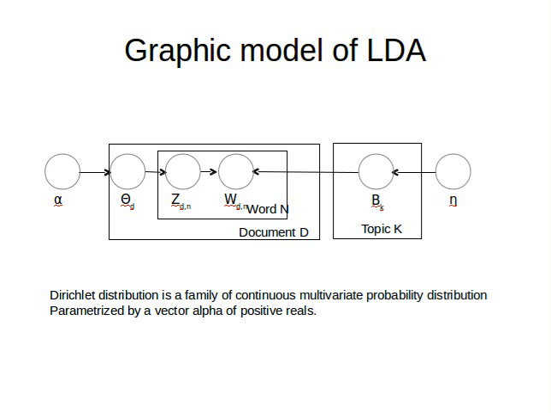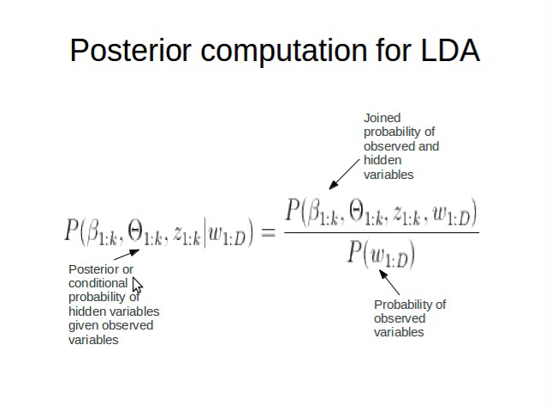Here we have the equation for computing the posterior or conditional probability of the hidden variables given the observed variables. The joint probability is: beta 1 to K is the probability of the topics. Theta 1 to D is the probability over topics per document. Z is the assignment of topic to the word. Word is the observed variable.